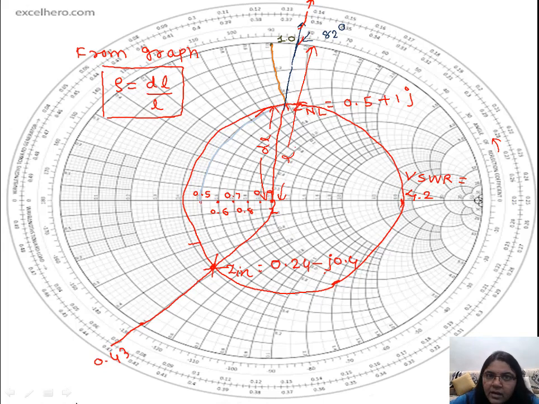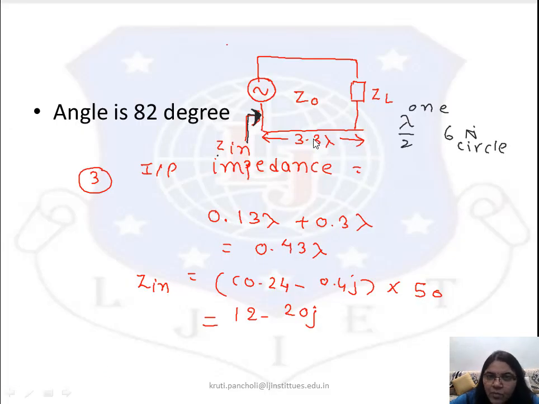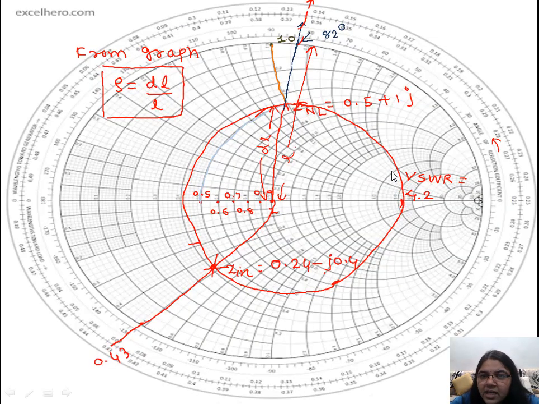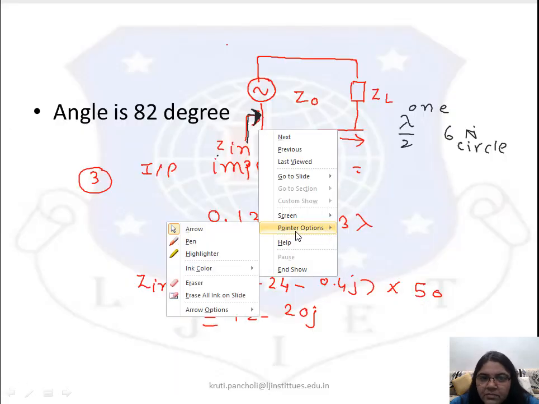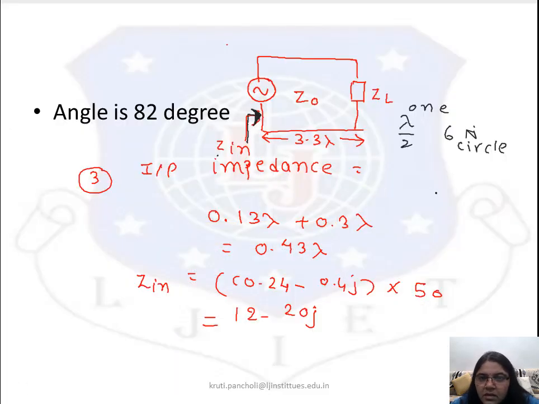Now after moving the circle 6 times, which value is remaining? It is the 3 lambda first of all, and another is the 0.3 lambda.